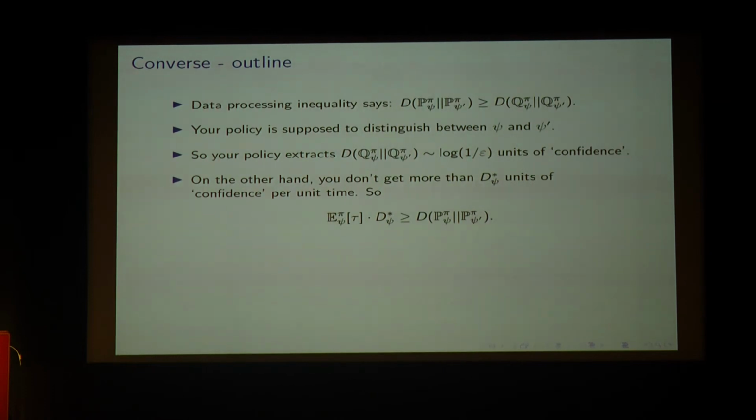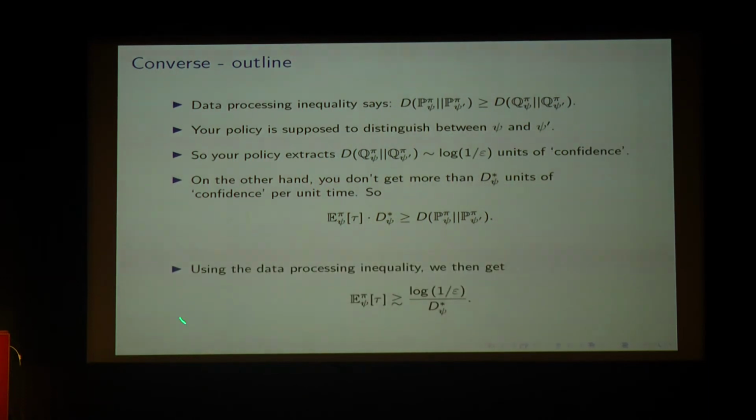On the other hand, if it is so that you cannot get more than a certain number of units of this confidence per stage, so there is some sort of an information theoretic bottleneck, that means that if you stopped at this particular time, your relative entropy cannot be more than on the average this d star per unit time multiplied by the expected time that you have. So suppose this was true, then you can actually see that you must gain at least this much amount of confidence, but at each stage you are able to get at most d star, so you must wait long enough to be able to get to this particular level.